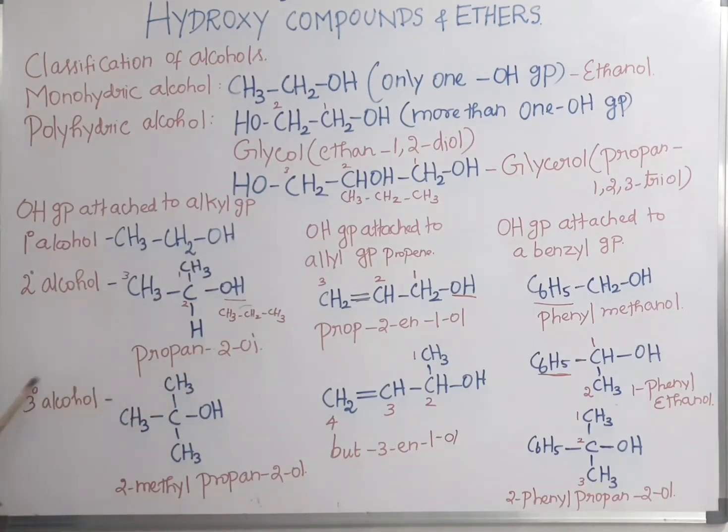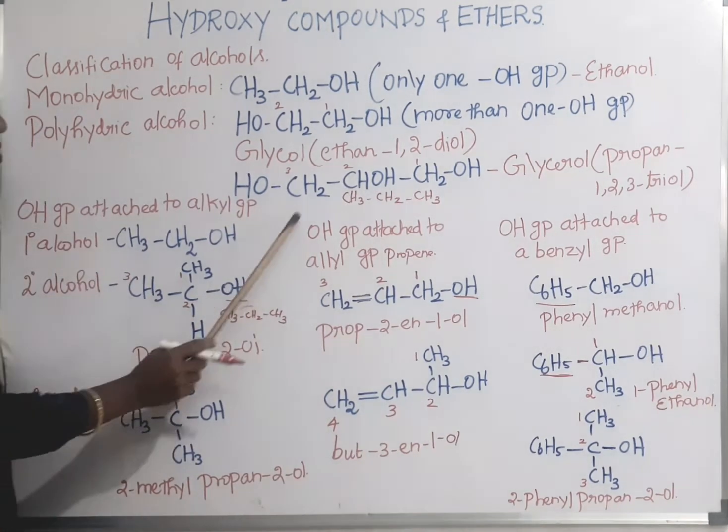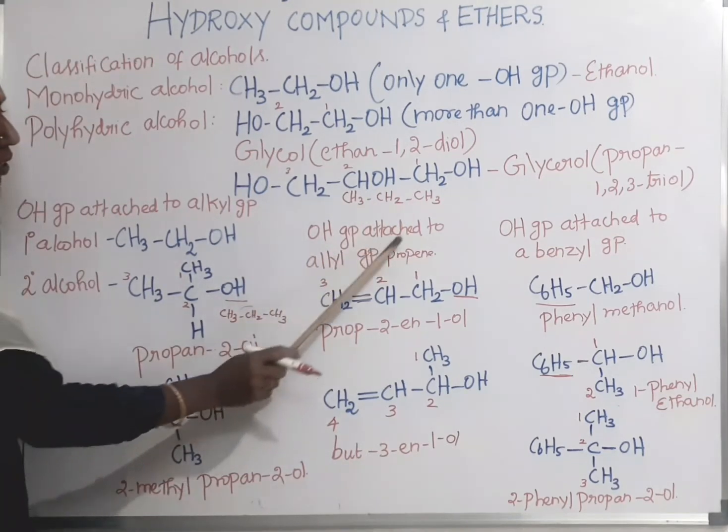The last example is tertiary alcohol, that is 2-methylpropan-2-ol. This is the tertiary alcohol: 2-methylpropane, with three carbon atoms, propan-2-ol, and one hydroxy group is present.